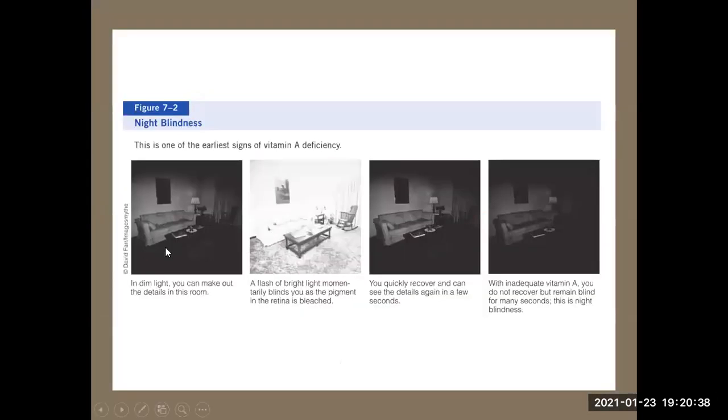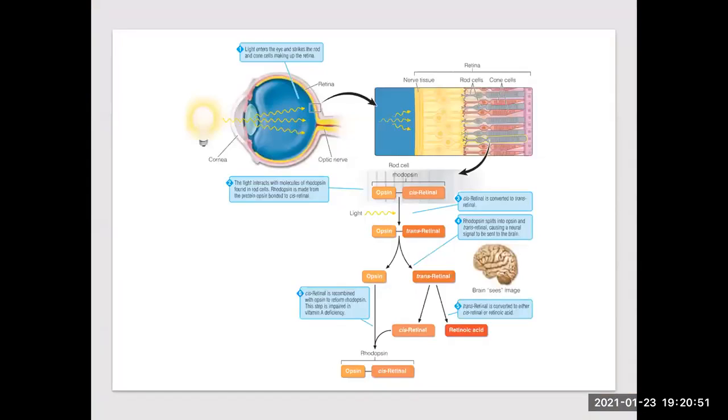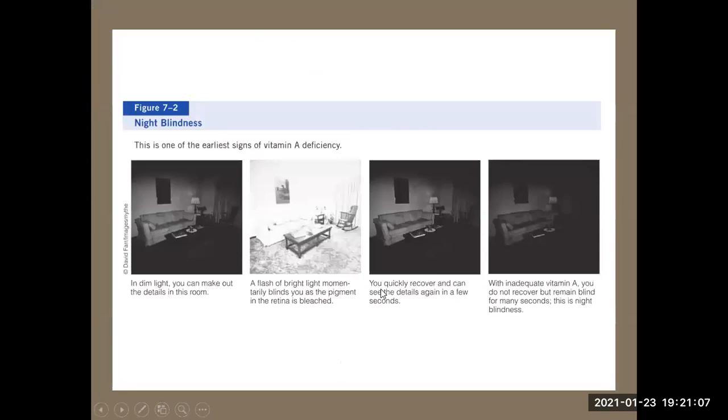Night blindness, what does it mean? It means that when a person enters a dark room and turns on the light, the retina is suddenly exposed to bright light. This bright light will act on this reaction of opsin and trans-retinal, but there will be loss of retinoic acid. So if the person is normal, his vision will recover quickly and he can see the details again in a few seconds.